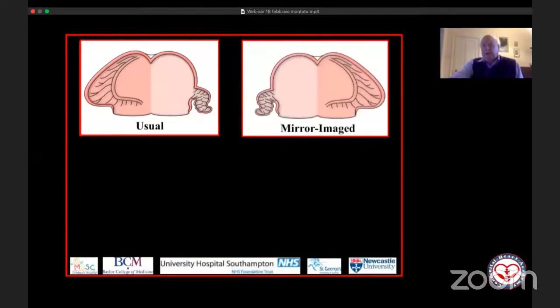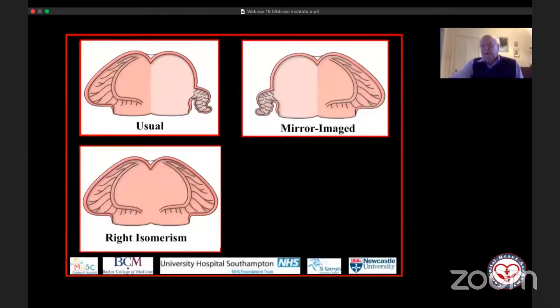And we showed you that in some circumstances, the arrangement could be mirror imaged so that the pectinated wall came to the crux on the left side, telling us that the morphologically right atrium was left-sided, whereas the smooth vestibule was on the right side.